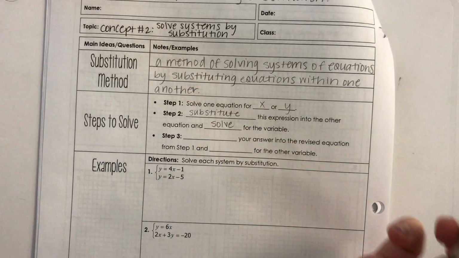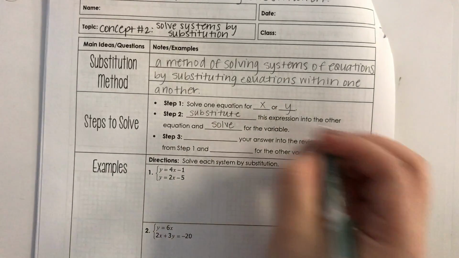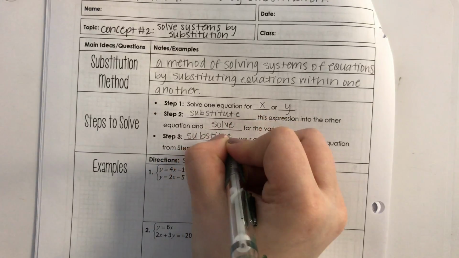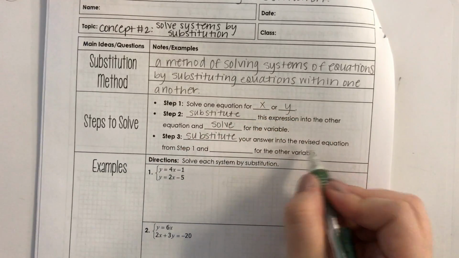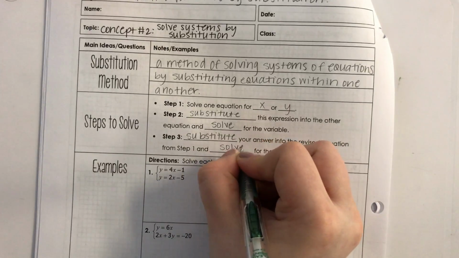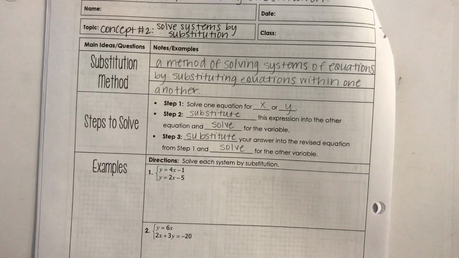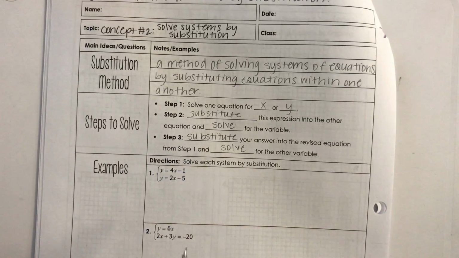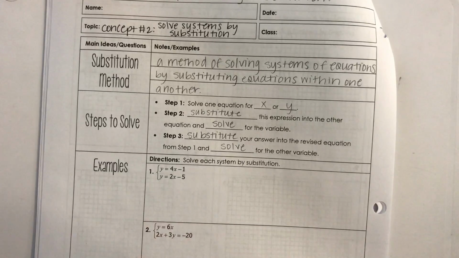Okay? Step 3, substitute again your answer into the revised equation from step 1 and solve for the other variable. Okay? That's basically substitution. It's substitute, solve, substitute, solve. Okay? It's pretty straightforward.